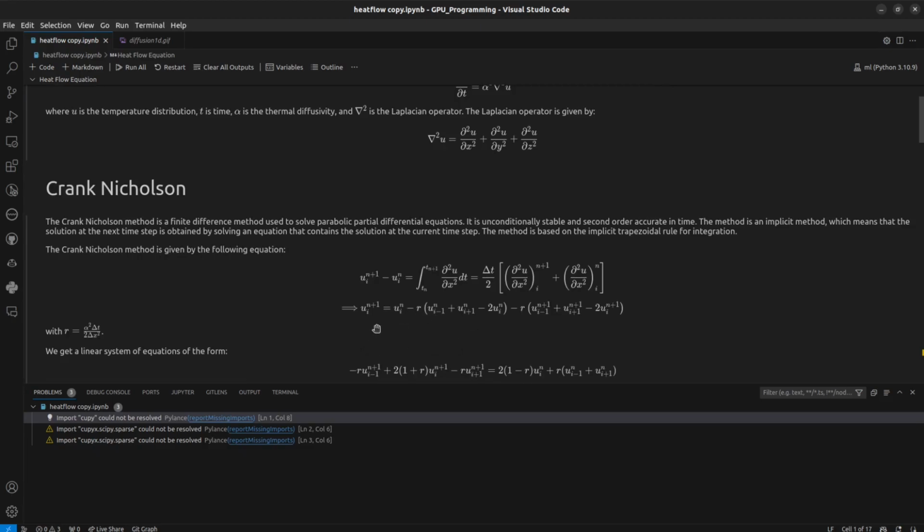So now we have the function at u^(n+1), but as you can see, the right-hand side also depends on points in u^(n+1). So we have to rearrange it to have on the left-hand side only the next points in time, and on the right-hand side only the current points in time.